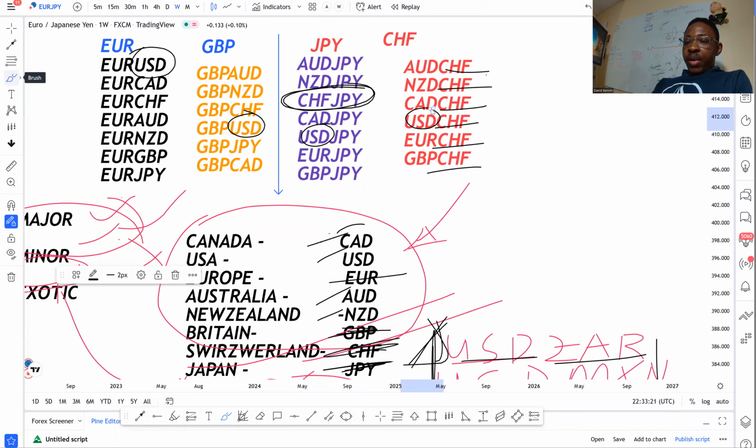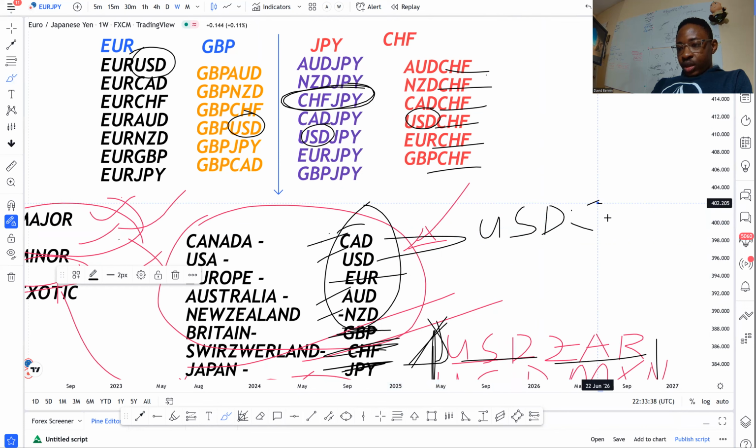But what about when they are paired against themselves, the ones here? Canadian dollar and the US dollar, when you pair them together, the US dollar will come first. So it is US dollar, Canadian dollar. That's how the pair will be.